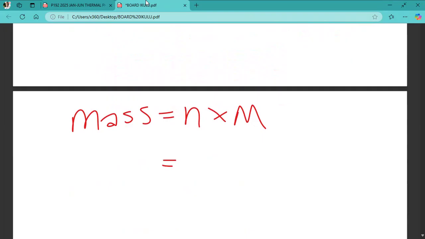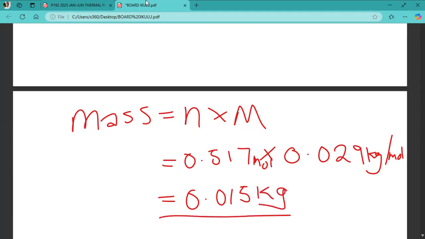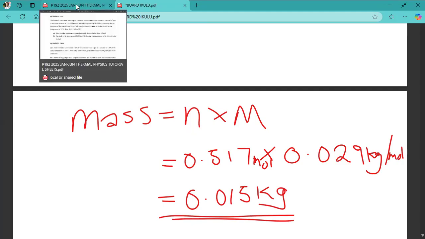So this is going to be equal to 0.517 multiplied by the molar mass, which is 0.029 kg per mole. The moles and mole cancel out. That means I'm having the mass of my gas as 0.015 kilograms. And that is the end of question 1.